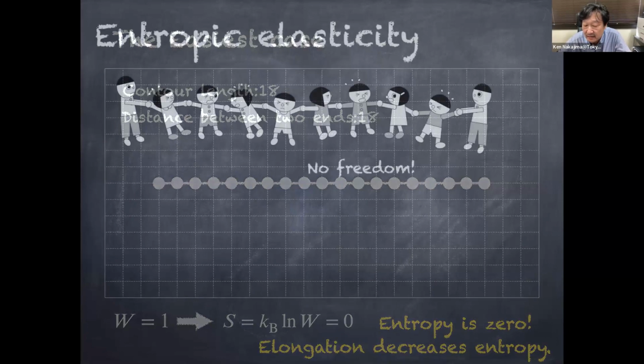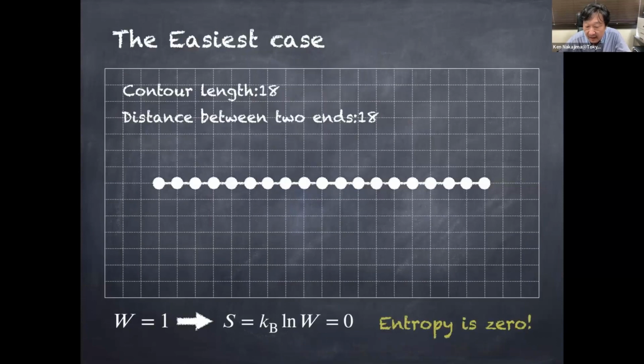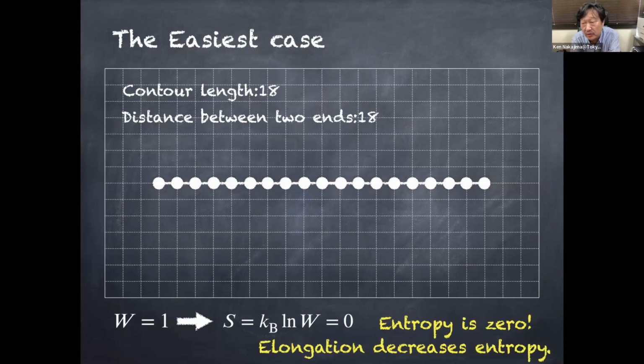In other cases, the entropy is, of course, positive at certain values. Comparing this with the case of gas molecules, it gives the opposite trend.